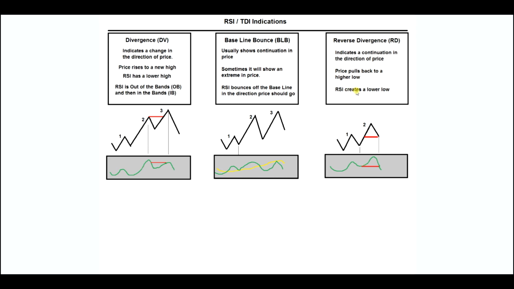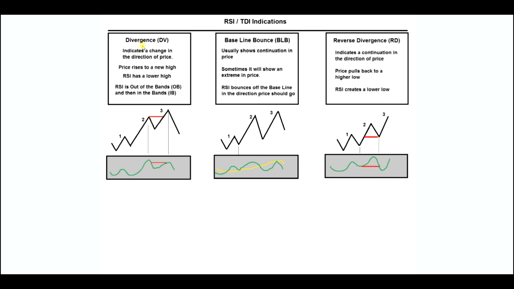Okay, so RSI created a lower low, even though the price made a higher low. So what you're expecting is the price to continue up in the original direction, go higher. The RSI line can go higher too. It can continue higher. It can just stop up here and give us a divergence. We won't know until we're in the situation. But a reverse divergence should show a continuation in the direction of the price.